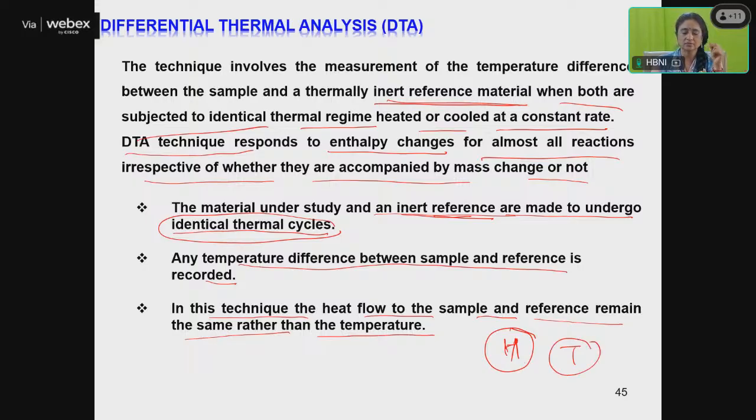You need to see that in this technique the heat flow to the sample and reference remain the same rather than the temperature, because if a material has higher heat capacity, then it requires more heat to reach the same temperature, right?